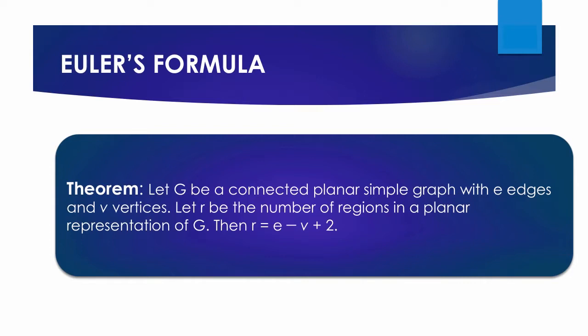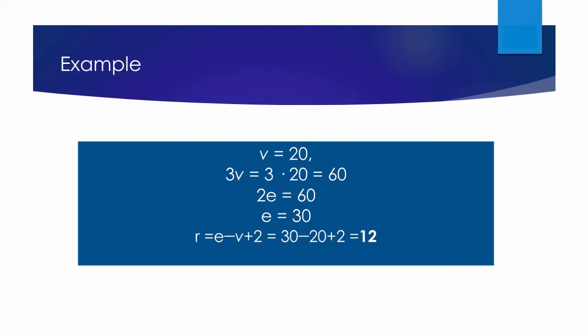Euler's formula is illustrated in the following example. Suppose that a connected planar simple graph has 20 vertices, each of degree 3. Into how many regions does a representation of this planar graph split the plane? This graph has 20 vertices, each of degree 3, so V equals 20.